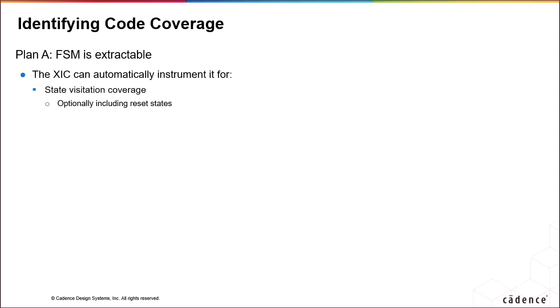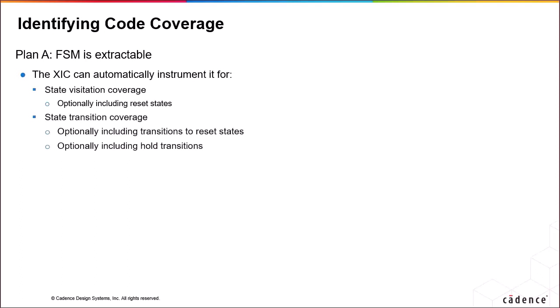Reset states are states entered dependent solely on inputs and independent of the previous state. State transitions, optionally including transitions to reset states, and optionally including hold transitions, that is, transitions to the same state. And arc coverage.